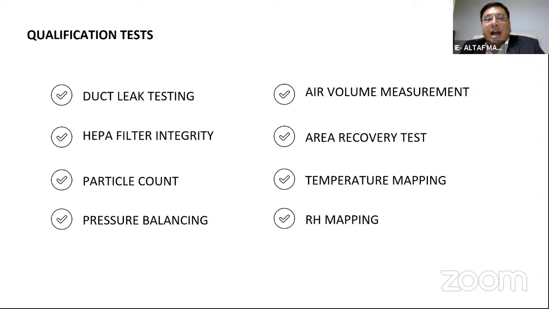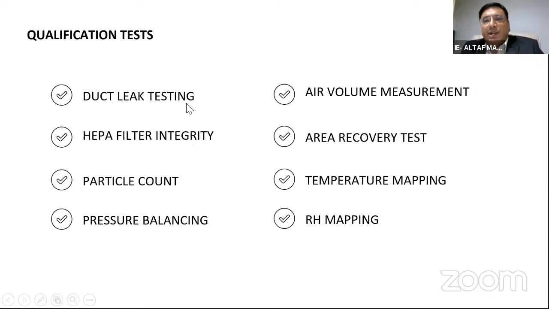The temperature and RH again have to be controlled through a PID controller, which can again be monitored through a central station, so that you can easily do the recording, data mapping, and show it to the auditors and the required authorities. So temperature, RH, and pressure are the three parameters for which you need online monitoring to show to the auditors.